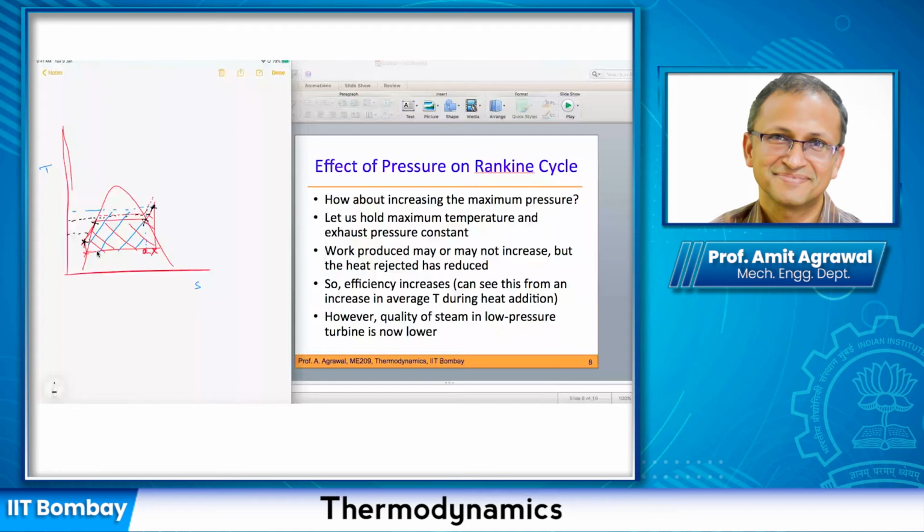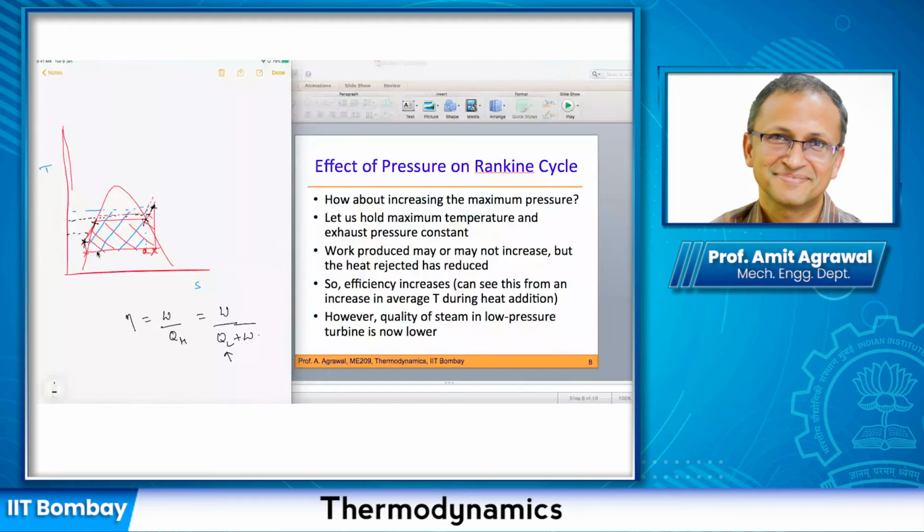So we are saying efficiency is, of course, work done divided by my heat added, and then it is W upon QL plus W. So if W is the same, then of course if QL is larger, then my efficiency is lower.